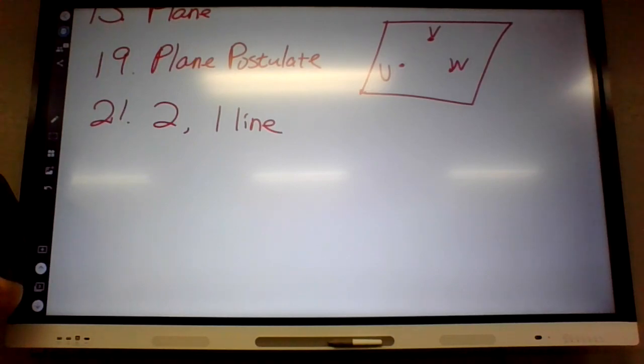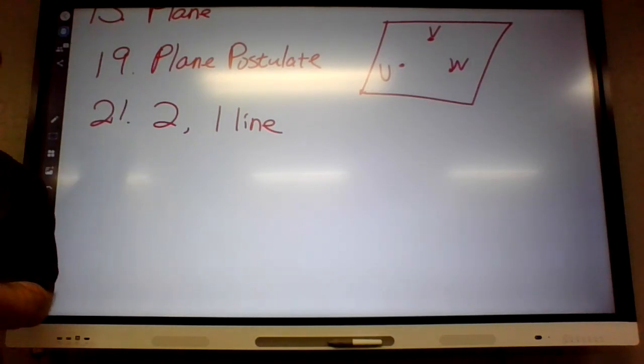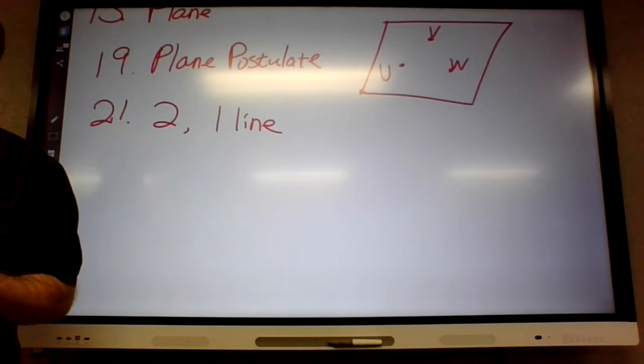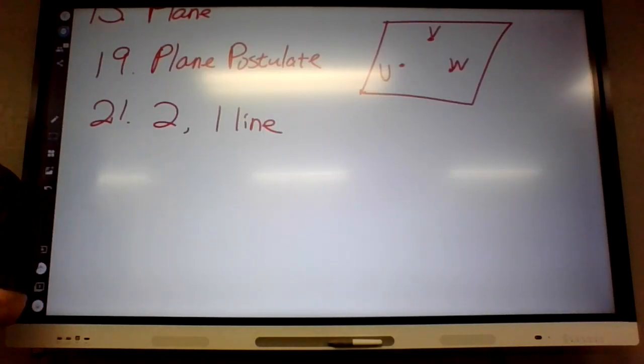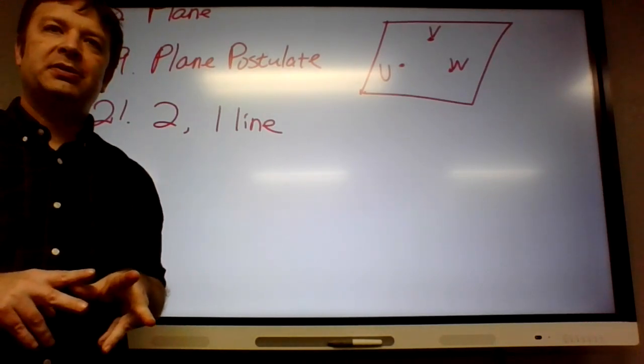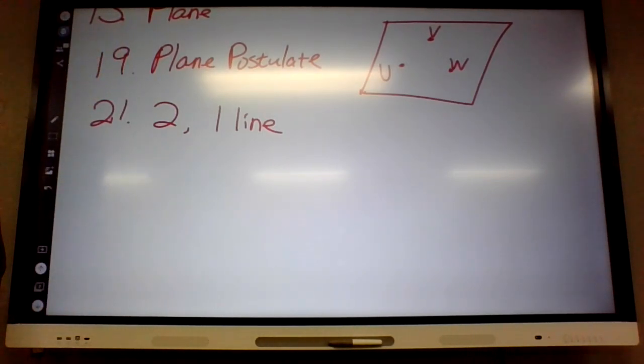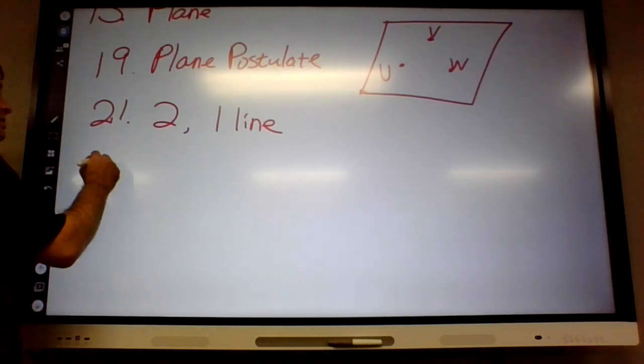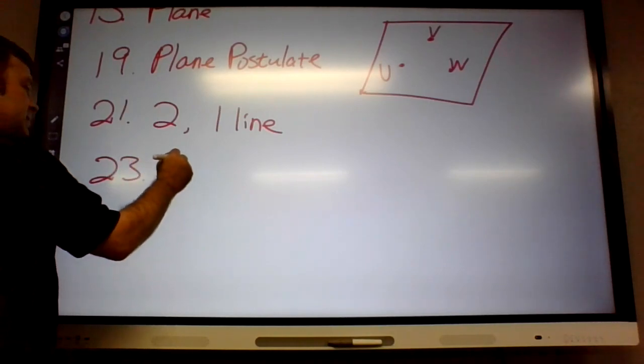Do you guys see ray ST? Starts at S, goes to the right. Okay, 23 says, what's the intersection of those 2 rays? What do they have in common? What do they share? Point S. So 23 is just S.